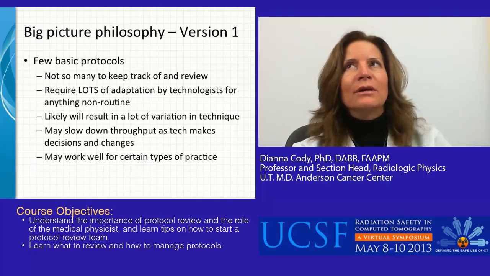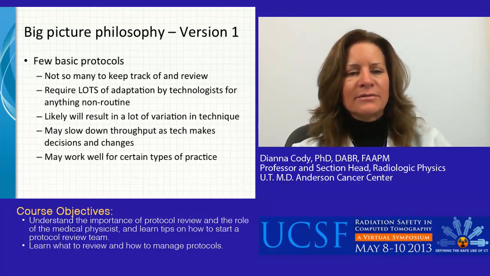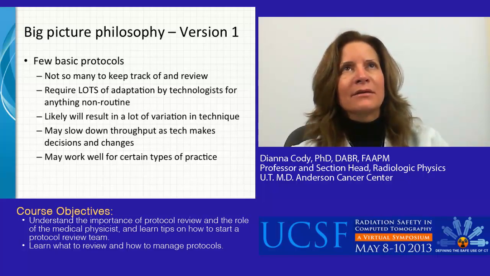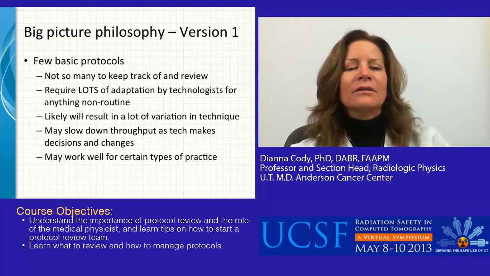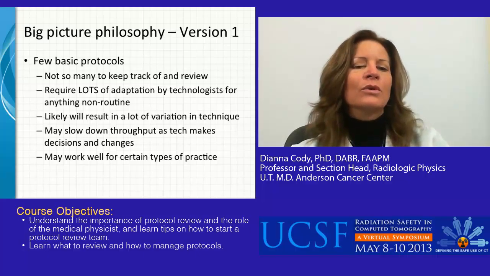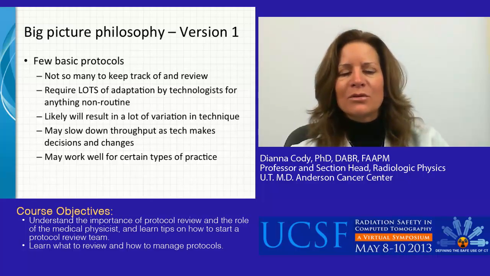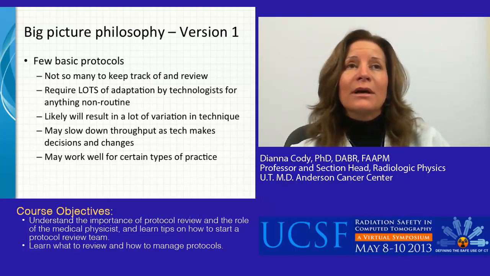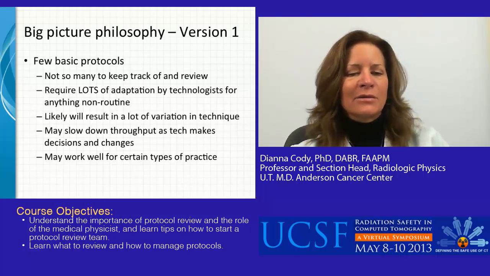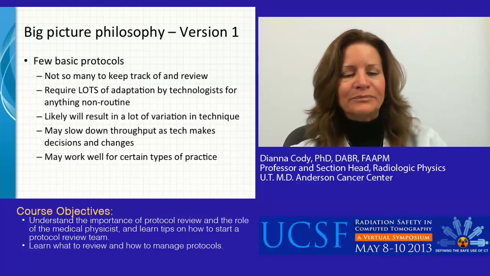So as you embark on this process, you're going to want to decide what's your big picture approach here. You can start out deciding that we only need a few basic protocols so that there won't be so many to keep track of and to review. This would, however, require a lot of adaptation by your technologists for anything that's not routine.